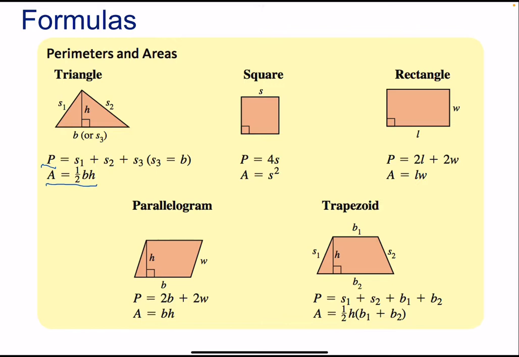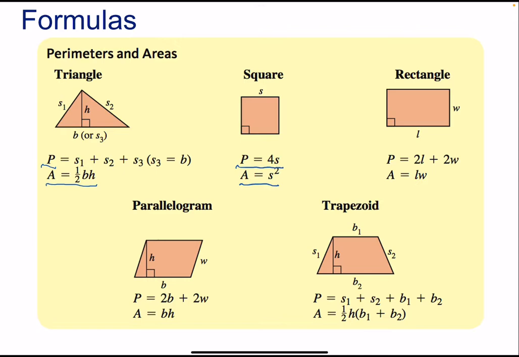Square: because the lengths of all four sides are equal, the perimeter equals 4 times s. S is the length of one side. Area equals just s squared. And a square is a special case of a rectangle.